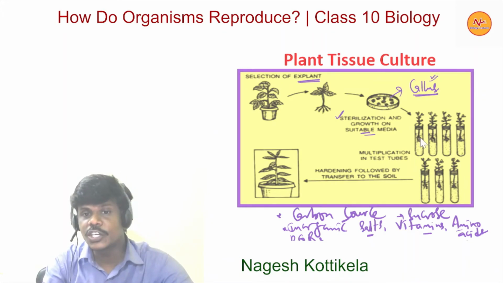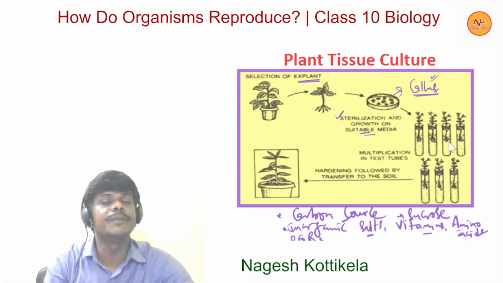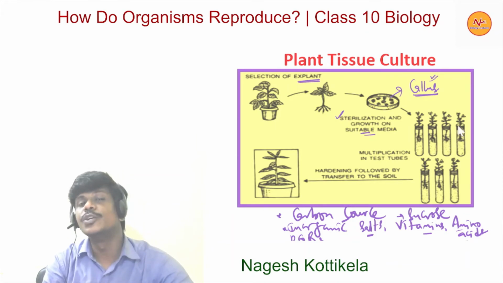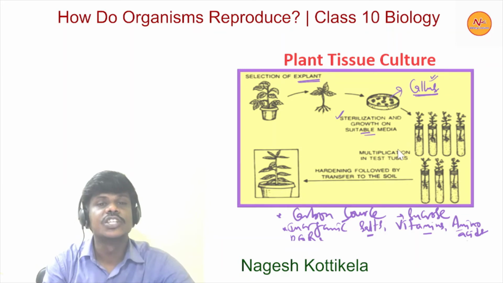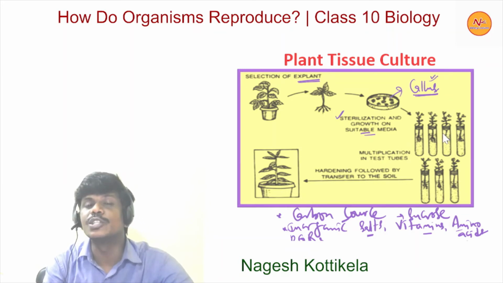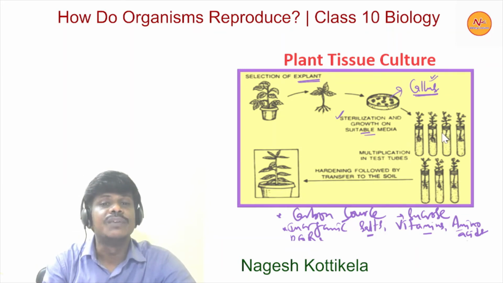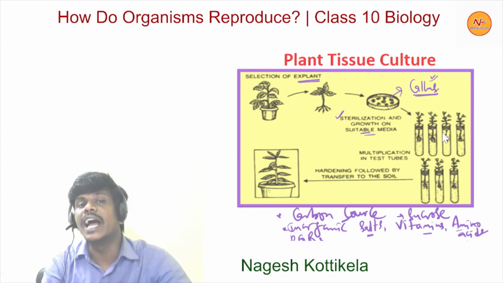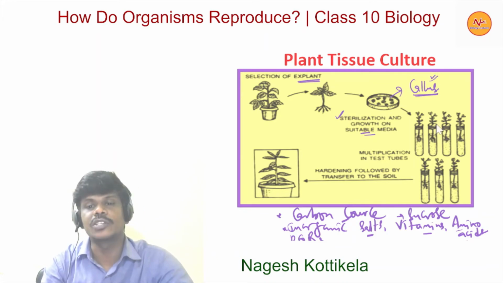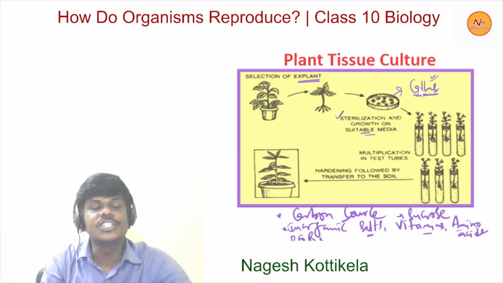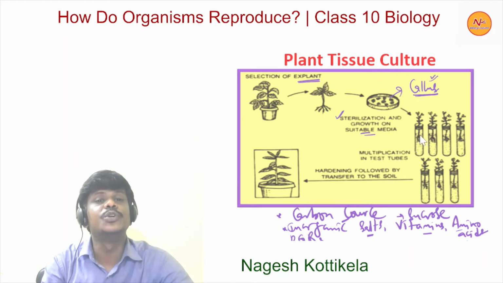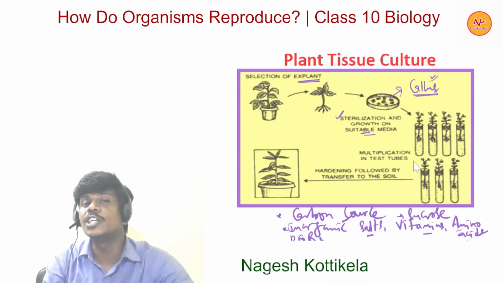Now in these test tubes, the nutrient medium which is present is a fresh nutrient medium which has, along with the nutrients, the plant growth regulators which are needed for growth and differentiation. So here the callus is transferred into a fresh nutrient medium that contains nutrients as well as plant growth hormones.